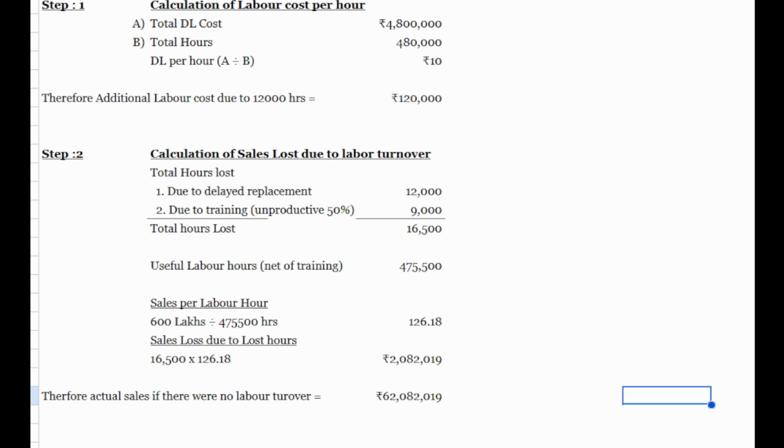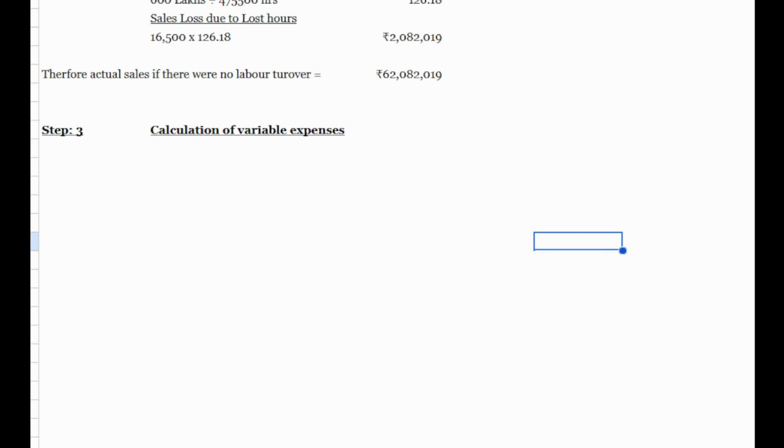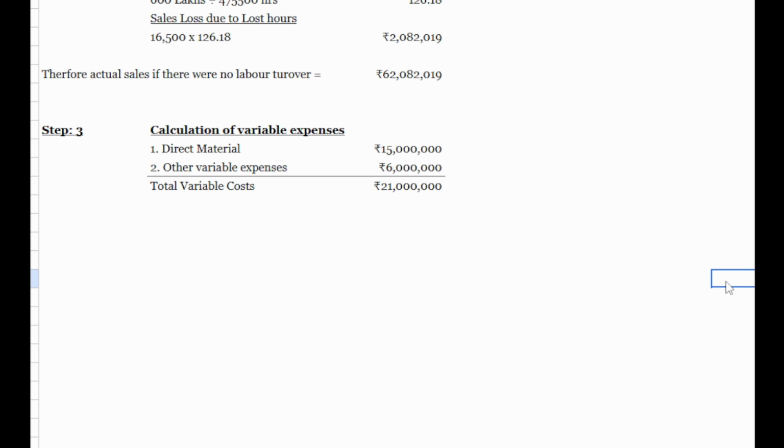Third step, we also have to calculate variable expense. Why? It is directly linked to sales. It is variable. So how do we calculate variable expenses? In the problem statement, direct material and other variable expenses are the variable ones. If we add all of that, we will get 210 lakh. Correct? This is the total variable cost. Now total actual sales is 600 lakh. We can calculate the variable cost to sales ratio.